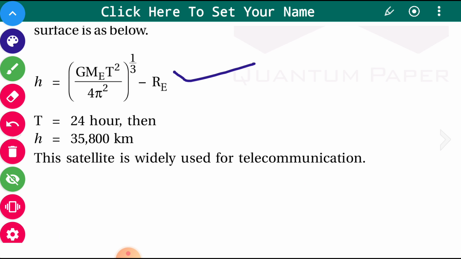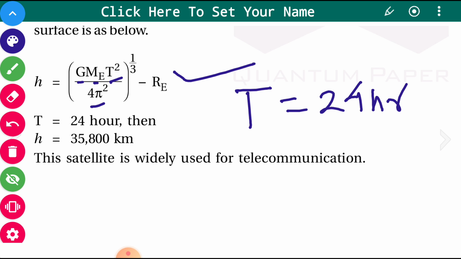Now at what height do we have to place this geostationary satellite? The definition says that the time period must be 24 hours. So instead of T we write 24 hours converted into seconds, and all the constant values are there: G is 6.67 times 10 to the power minus 11, and ME is the mass of the Earth.